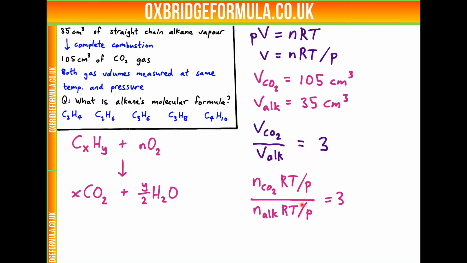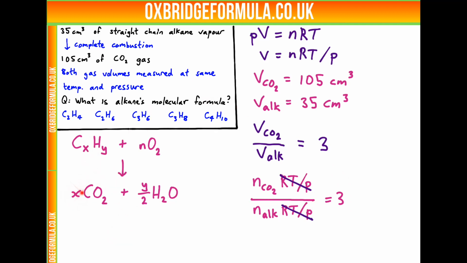What can we cancel out of this equation? We know they're measured at the same temperature and the same pressure, so these are both constants. R, we know, is always a constant, and so we can get rid of all of these terms, leaving us just with the number of moles of carbon dioxide over the number of moles of alkane is 3. So if 1 mole of alkane is producing 3 moles of carbon dioxide, then what can we substitute into our equation here?